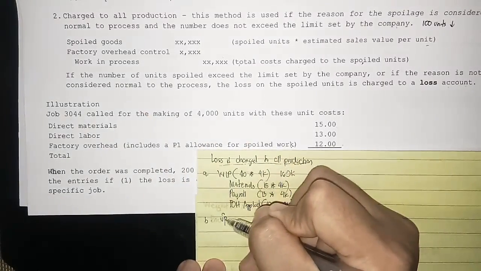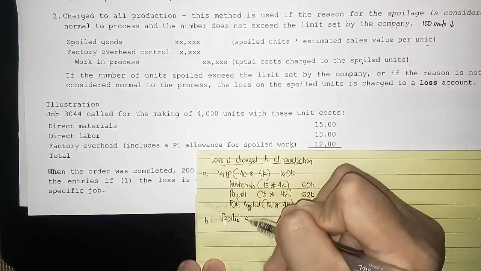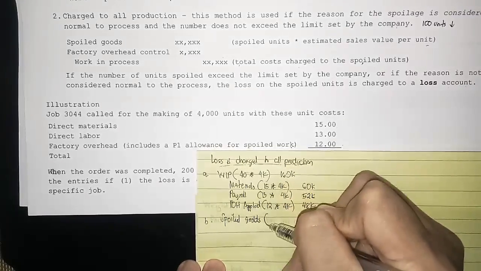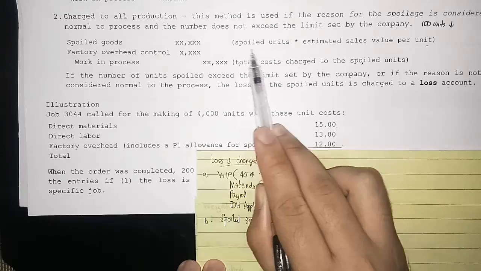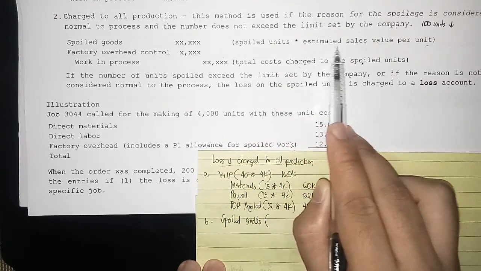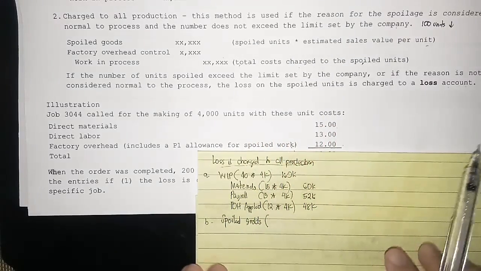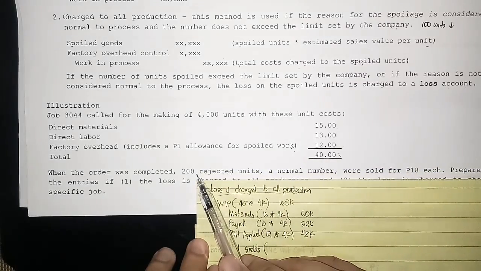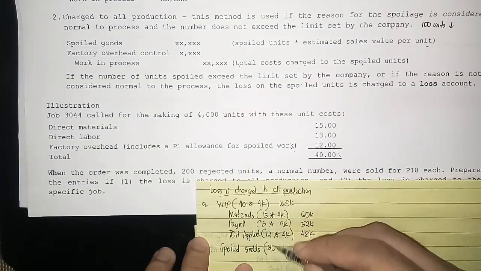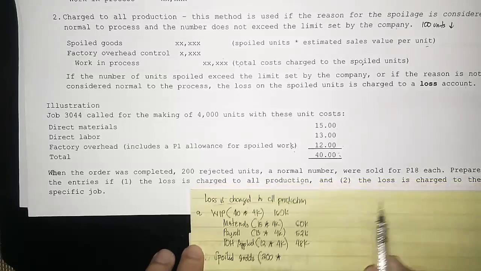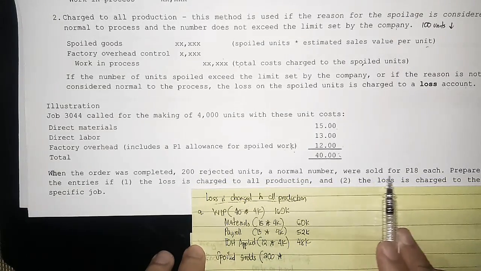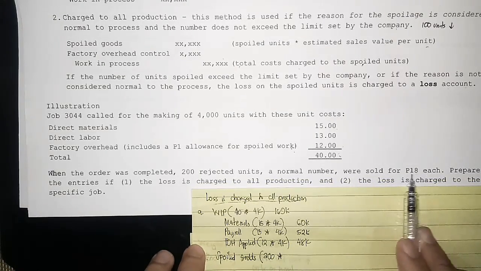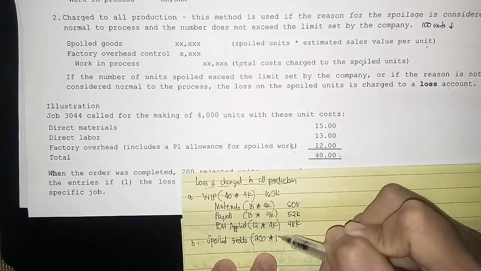Spoiled goods. Debit spoiled goods at what amount? Ang sabi, quantity of spoiled units times estimated sales value per unit. So, ang number of rejected units is 200, times, ito yung estimated sales value na, 18 pesos.